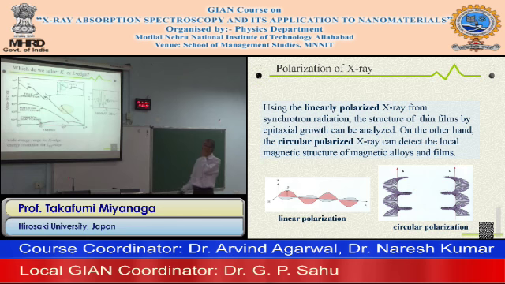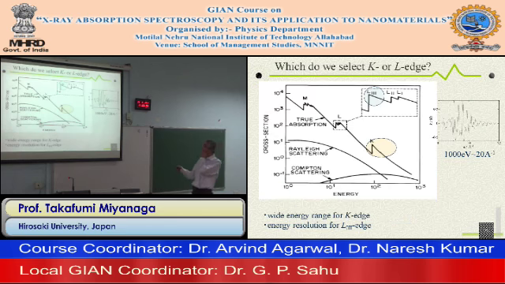Here is the atomic absorption coefficient, the K edge here, L edge here. Usually the K edge is very simple, because one K edge appears and the long extended part is following. But sometimes we should use the L edge.